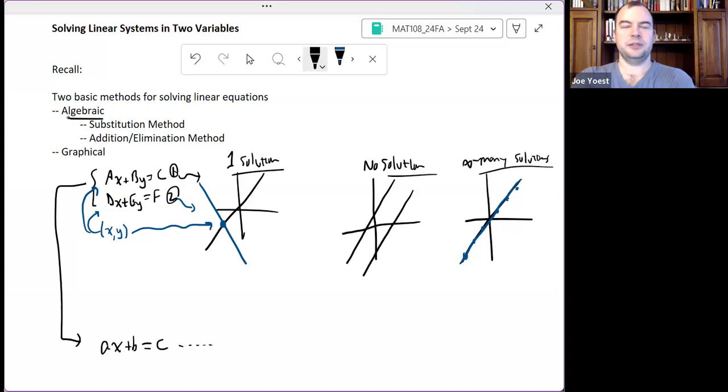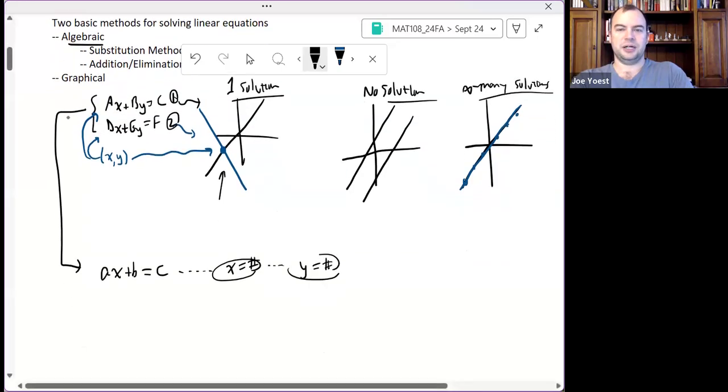And then we can just solve that linear equation, get x equals number, and then plug that into one of our original equations, for instance, to get y equals number and get our unique solution that way. Or perhaps things don't work so clearly as this, and we end up in one of the other special cases. And we'll see a couple more of those today. We saw one of those last time already.